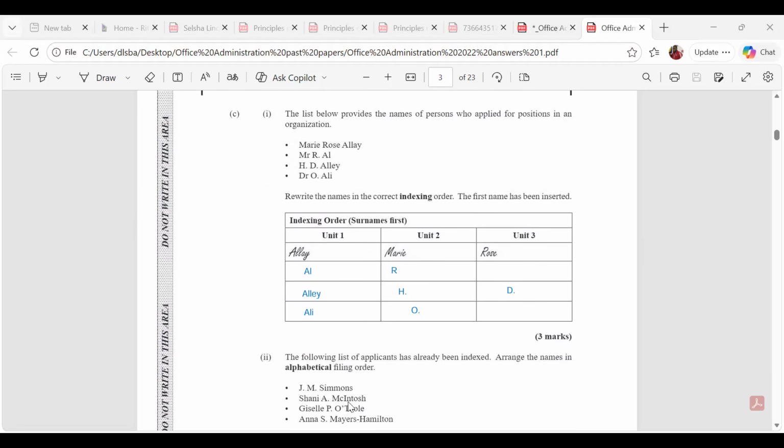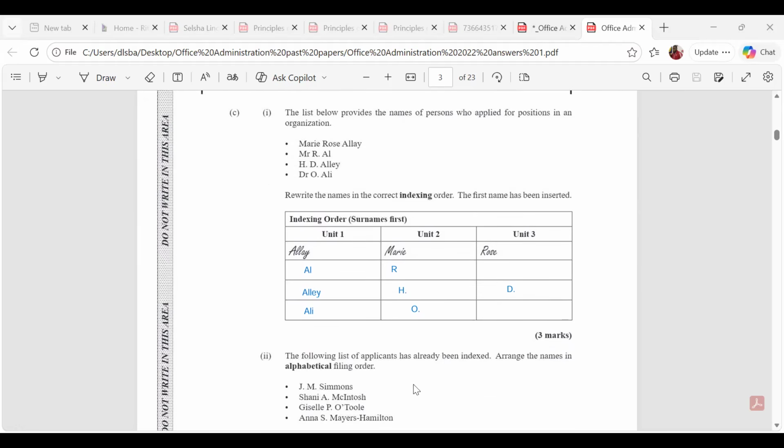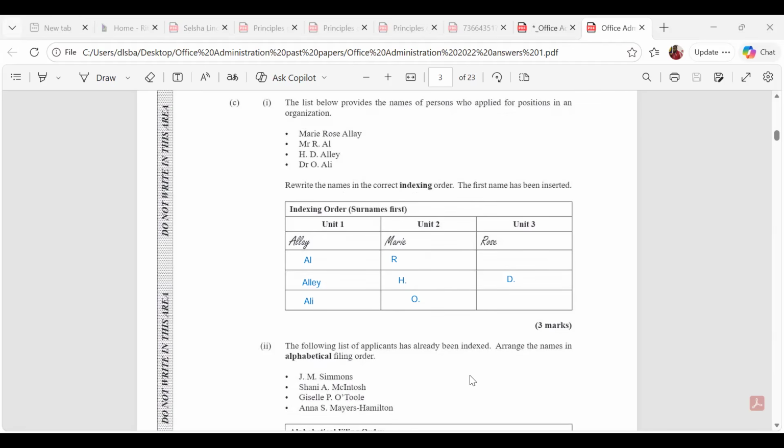Now you have to arrange these in alphabetical order. Again, last name, first name, middle name. Who will be first? Anna. Remember, it's the last name.